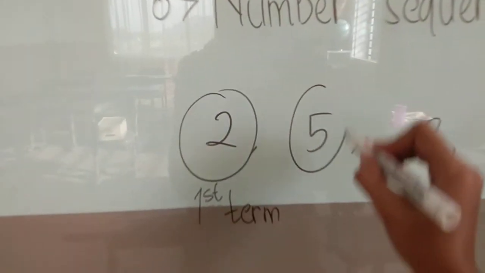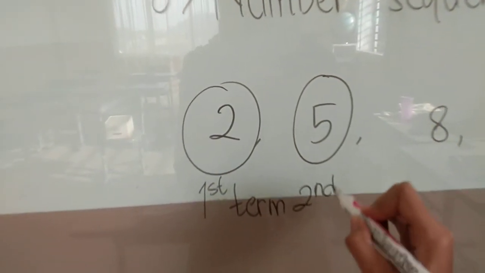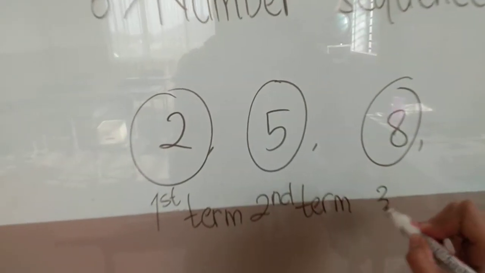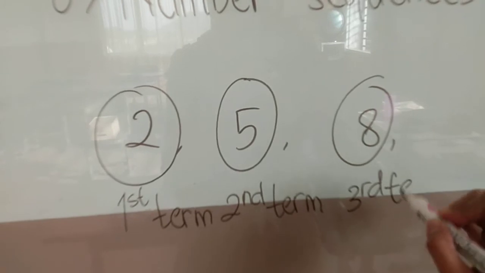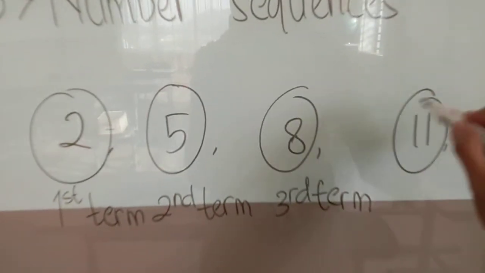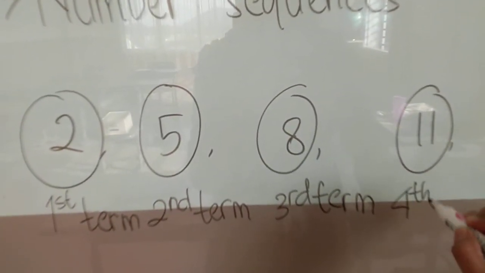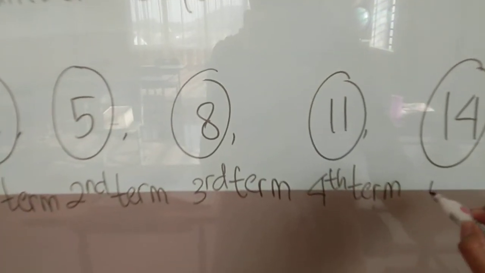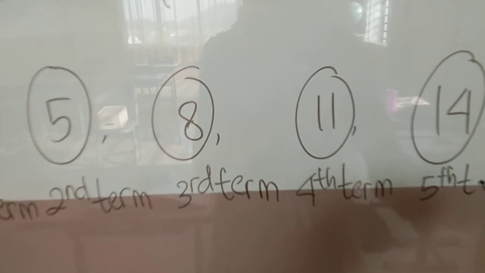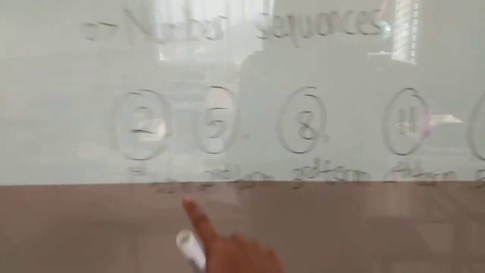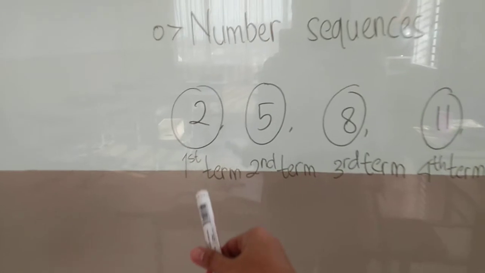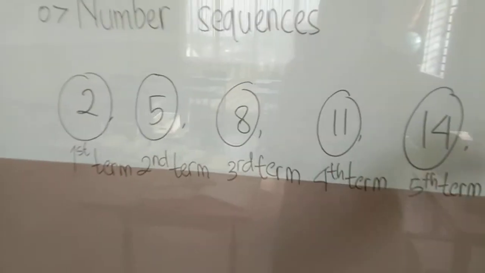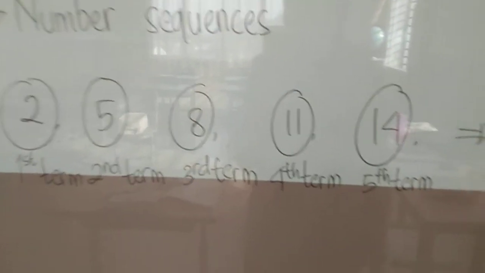So 5, is it the second term, atau bentuk kedua? 8 is the third term, 11 is the fourth term, and then 14 is the fifth term. But the numbers in a row are different. 2, 5, 8, 11, 14. So this is about number sequences.